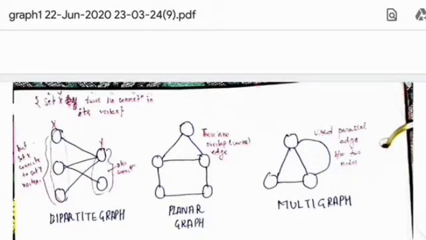Next is your bipartite graph. A bipartite graph is defined as a graph that has two sets of elements.